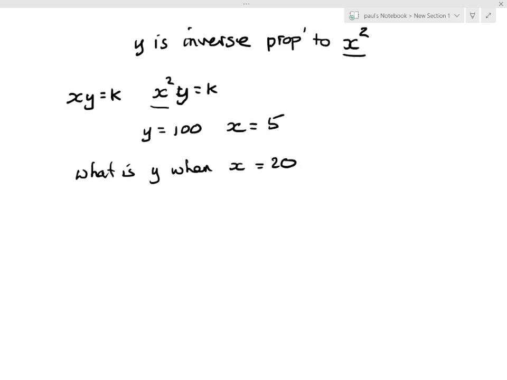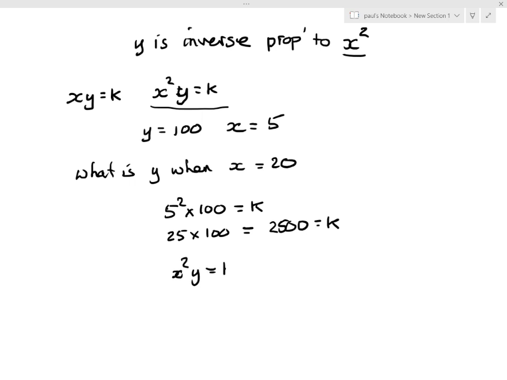Okay, so let's bring that down. We know what Y is, we know what X is. So we've got 5 squared times 100, and we have to work out the constant. 5 5s are 25 times 100, which equals 2500. That is K. Now go back to this again. X squared Y equals K, and we're going to find out what Y is.